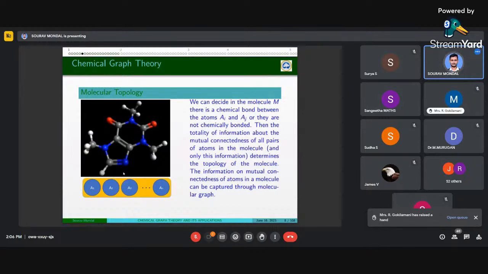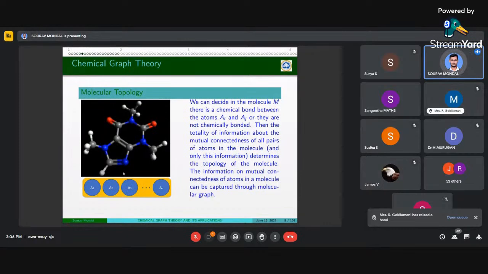Information regarding the mutual connectedness of all pairs of atoms in a molecule, and only this information, describes the topology of the respective molecule. Thus, a molecular graph represents the topology of a molecule by considering how the atoms are connected. So this is basically related to the connectivity problem.